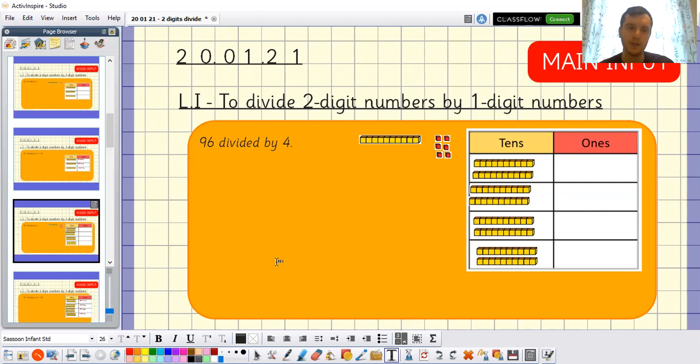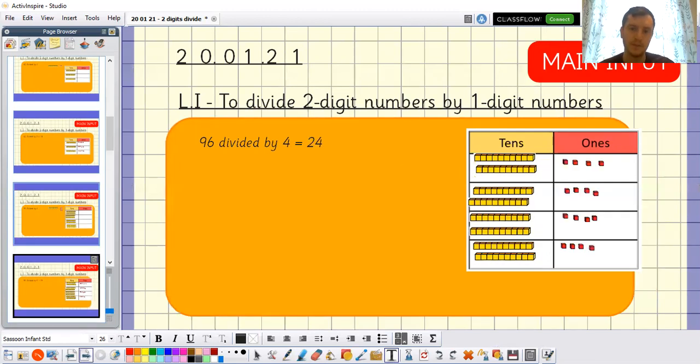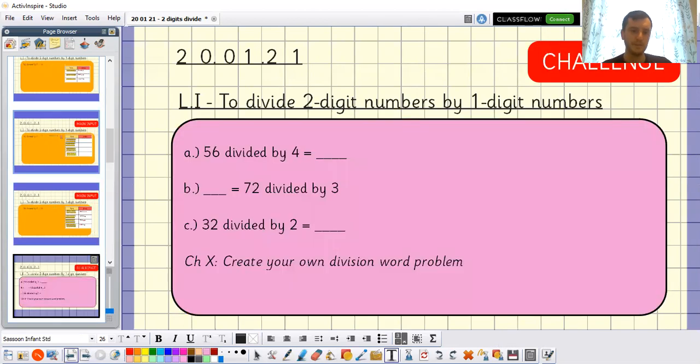We have 10 extra 1s. We're then going to end up with 16 1s. So we dealt with all of our 10s. We had 16 1s, and we shared those between 4 groups. And you can see 16 1s shared between 4 groups is 4 in each group. So then we had 2 10s and 4 1s in each group. And we got the answer, 24.